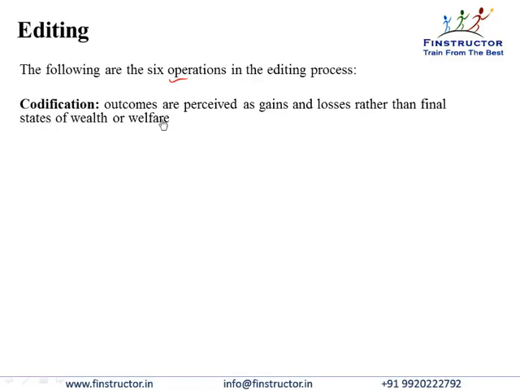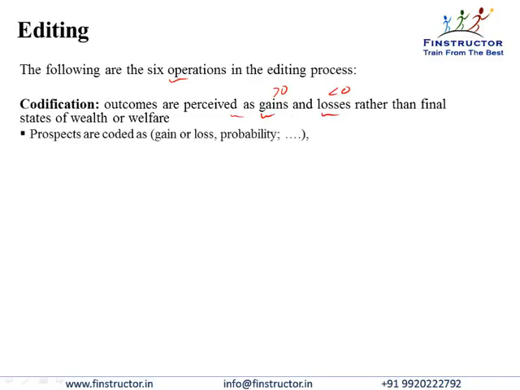Codification says that outcomes are perceived as either gains or losses rather than the final state of wealth or welfare. Now this gain may not necessarily be greater than 0, or the loss may not necessarily be less than 0. It could be greater than 10%, greater than 15%, whatever is the investor's perception, but he will classify every outcome as either a gain or a loss.